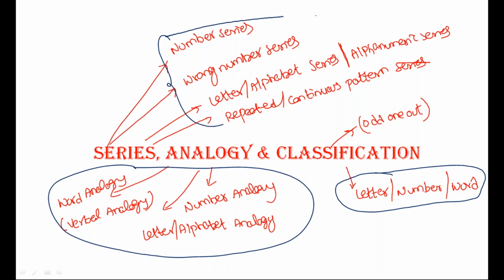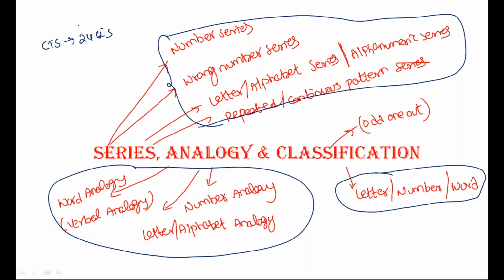See, that's a lot of things. This is very, very important, because in CTS we have 24 questions in reasoning. Wipro and CTS both have the same pattern; in fact, all these 4 companies have a similar test pattern.